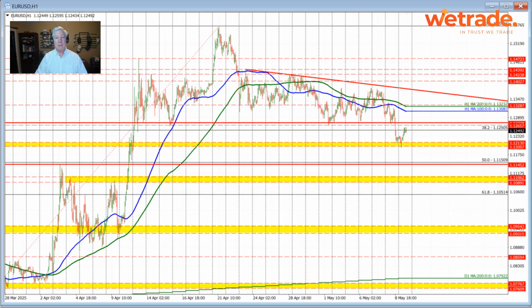So where do we stand now? Well, we have to stay below this old floor level right here, all the way up to the 75 level, in order to keep the sellers in control and the buyers out of control. So watch this level. What was once an old floor is now a new ceiling, and so we're watching all the way up to the 75 level.